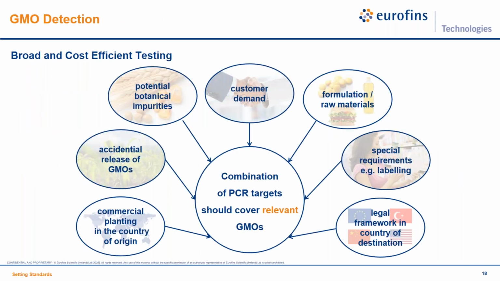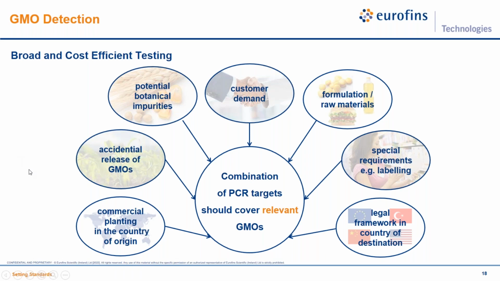So first, before you start designing a strategy or even start testing your sample, you should try to get as much information as possible. So for example, it is very important to know the country of origin, because the global planting situation affects the GMO testing strategy.